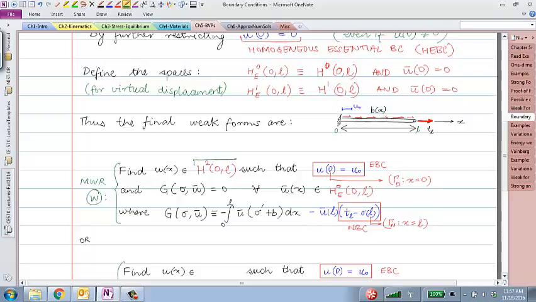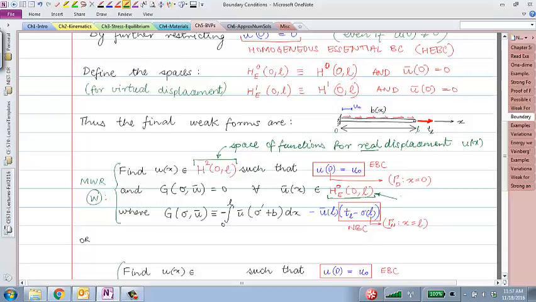Note that this H2 of 0 to L, this is the space of functions for real displacement, real displacement u of x, and this H0E, the subscript E, comes from homogeneous essential boundary condition.